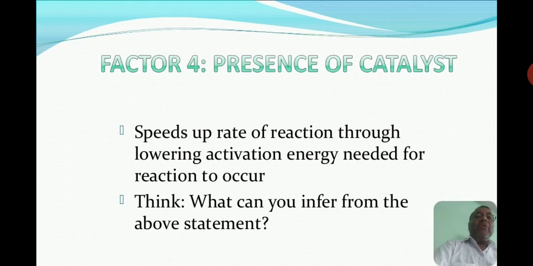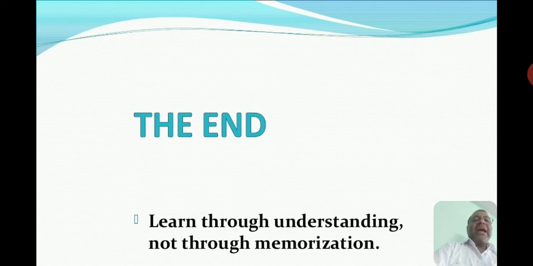When we use a catalyst, it lowers that energy barrier, and therefore, in a comparatively easier way, the reactant molecules will cross that barrier and come to which side? The product side. That means product is being formed. This way it is sped up. The presence of a catalyst also speeds up the rate of reaction. So this is clear. Now come at last.